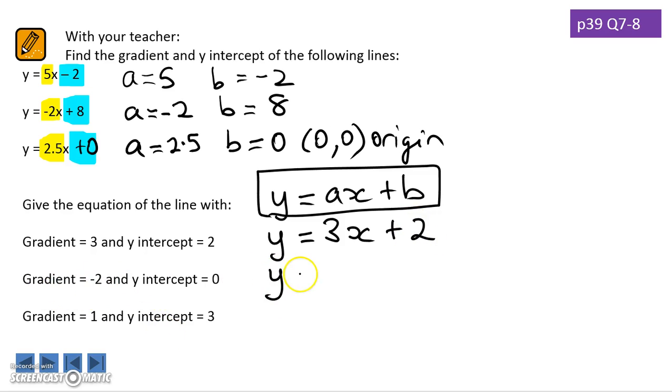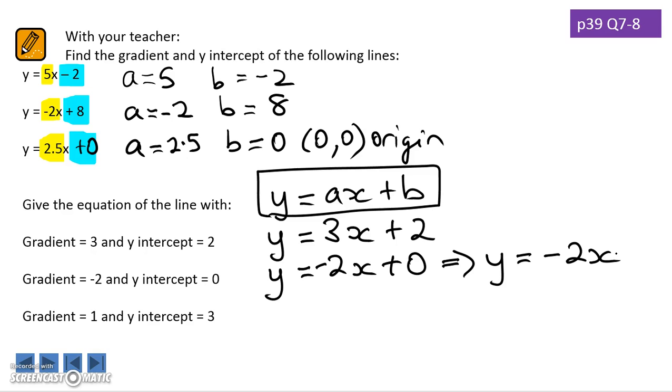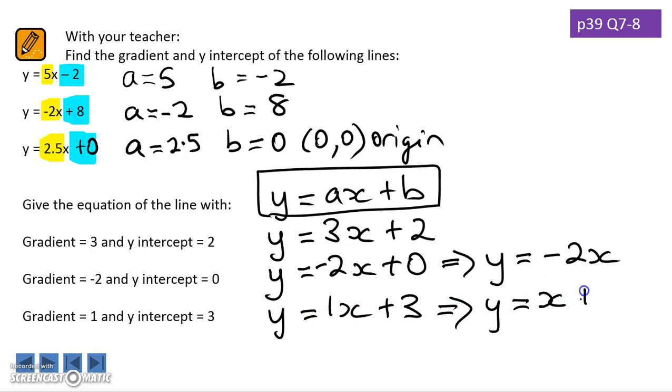Our gradient for the next one has minus 2, so we put minus 2 there, x, and our y-intercept is 0, so it would be plus 0, but we leave that out, so our real answer would be y equals negative 2x, and it just goes through the origin. And our last example has a gradient of 1 and a y-intercept of positive 3. And so just to rewrite that with convention, we take out the 1.